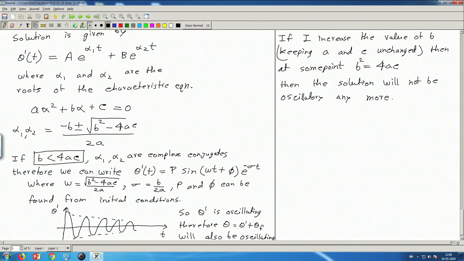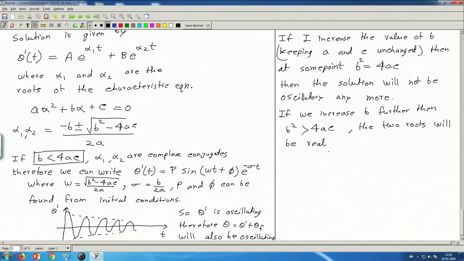So if we increase b further, then b square will become greater than 4ac, and the two roots will be real.